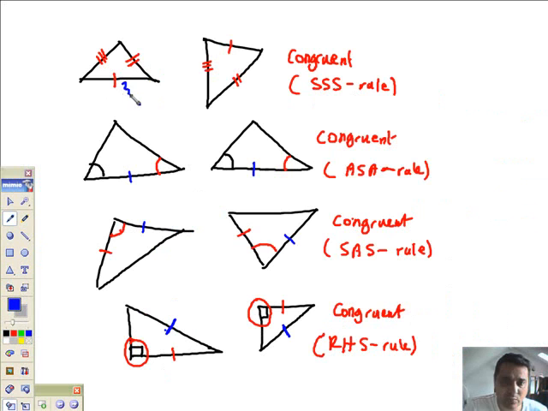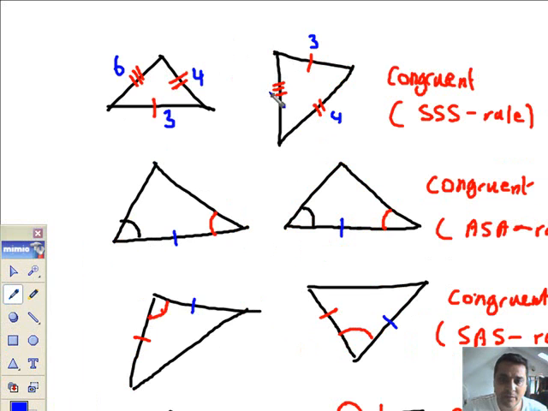If we're given, for example, 3 centimeters, 4 centimeters, 6 centimeters, and you're given a 3, 4, 6 there, even though it looks all flipped over and different and deliberately drawn wrongly and not to scale, the maths dictates that these three equivalent sides that correspond with each other produce two triangles which are identical or congruent, and they fit with the side, side, side rule.